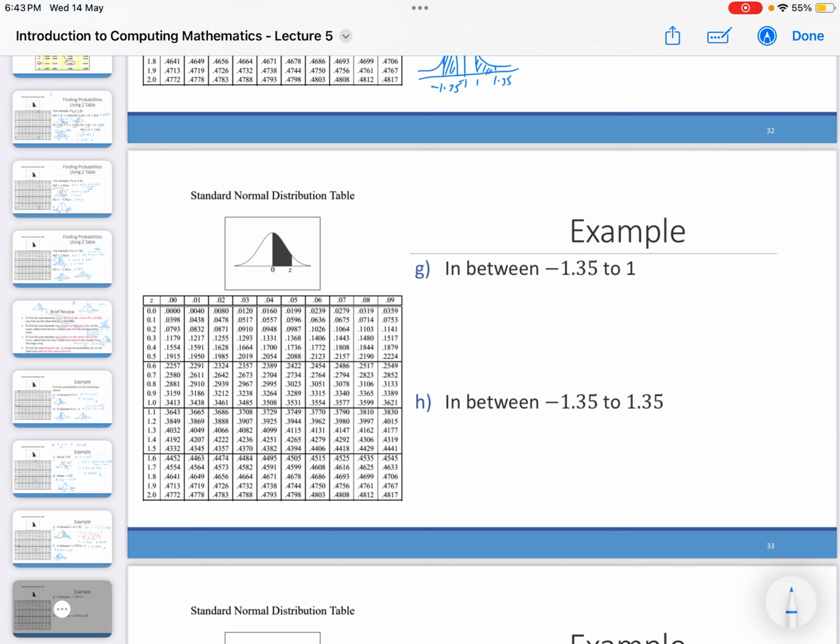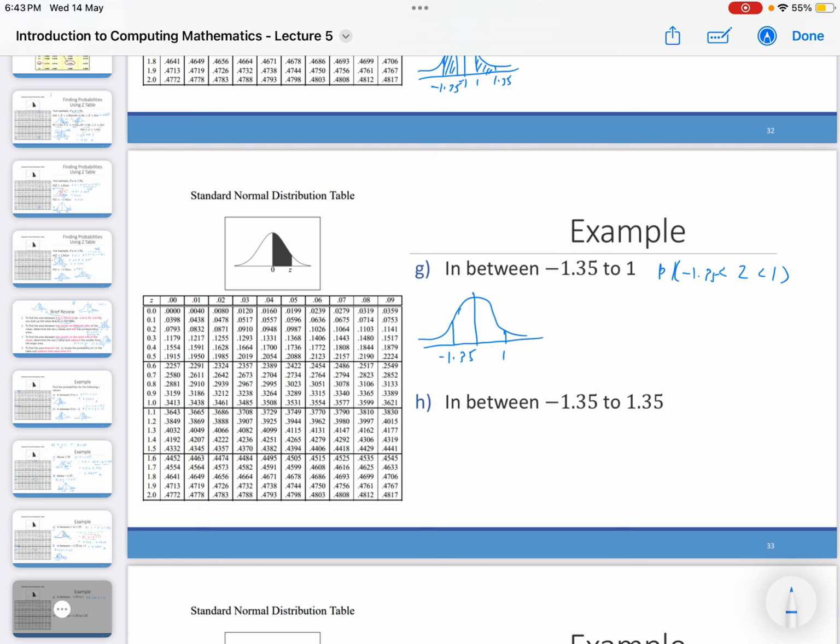Okay, and then this one, we want to find the probability of Z between negative 1.35 and 1. So we draw the bell-shaped curve. This is when the Z is not on the same side of the mean. One is on the negative side and the other one is on the positive side.